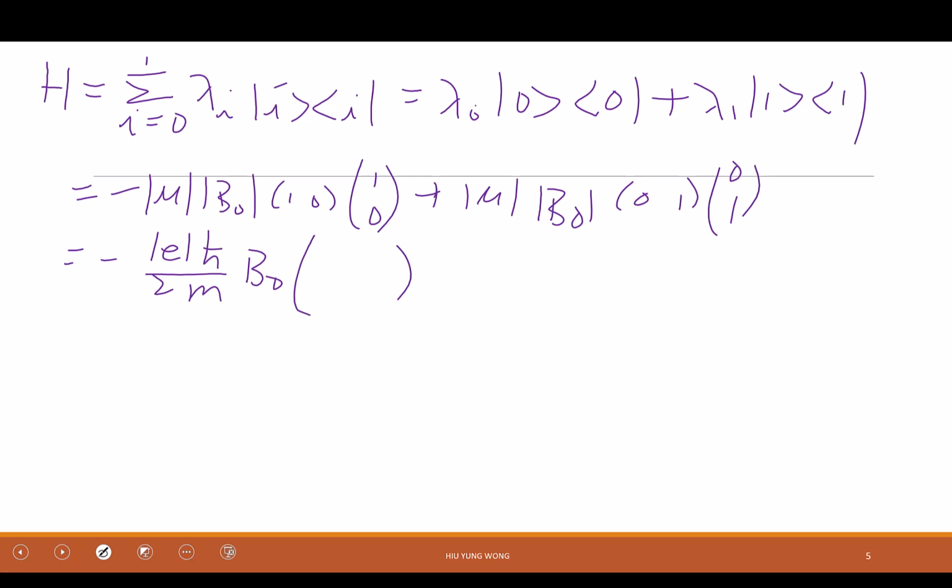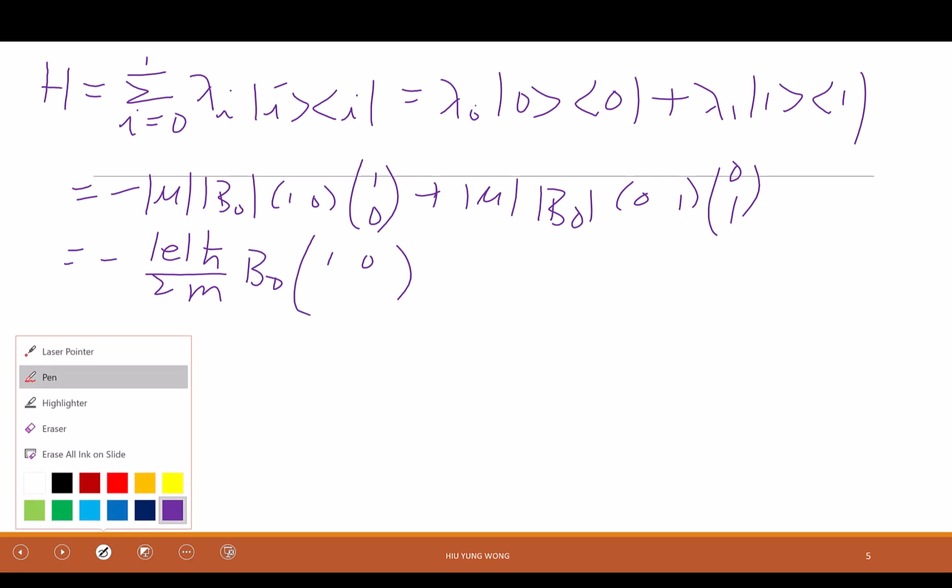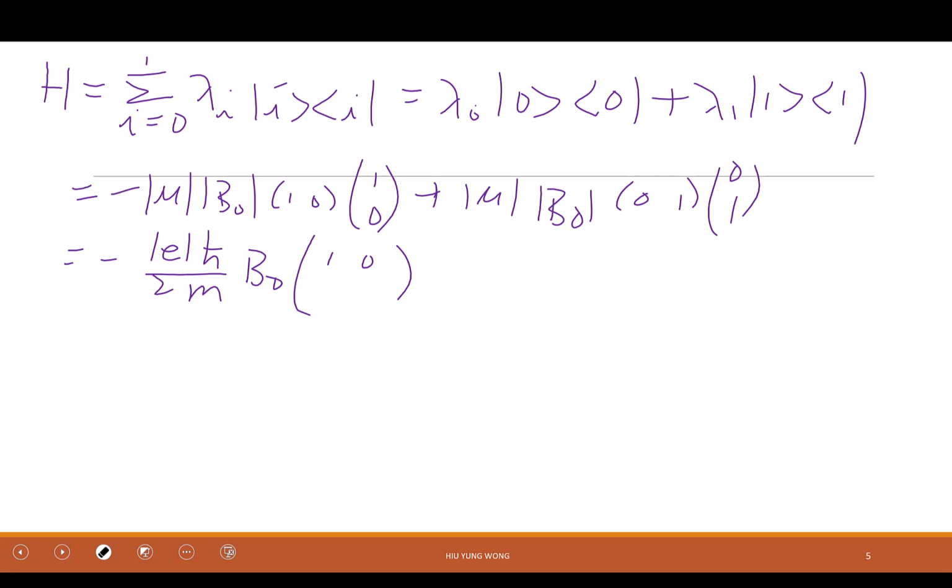What is the matrix when you do this outer product? Actually, I did something wrong, right? This is not how we write the outer product. The first one is the ket, the second one is the bra. So the first one should be a column, and the second one should be a row, correct? Let me erase this. Sorry for the mistake.